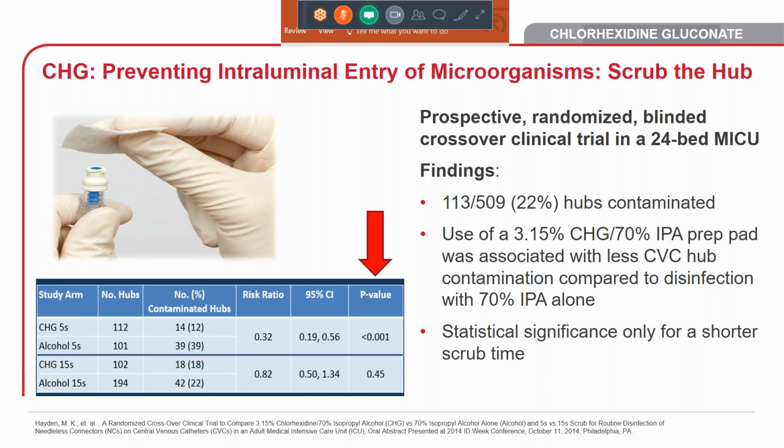You do, however, see that the use of the 3.15% chlorhexidine, 70% isopropyl alcohol prep pad was associated with less central venous catheter hub contamination when compared to disinfection with 70% isopropyl alcohol alone. You see the table to the left of this slide, which is showing you that statistical significance, a p-value of less than 0.001, was achieved only for the shorter scrub time.